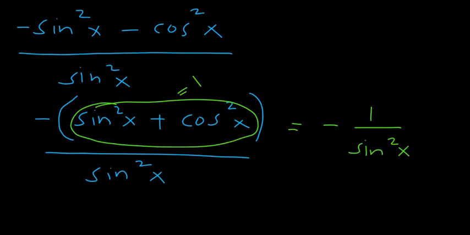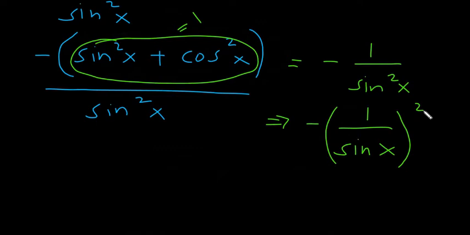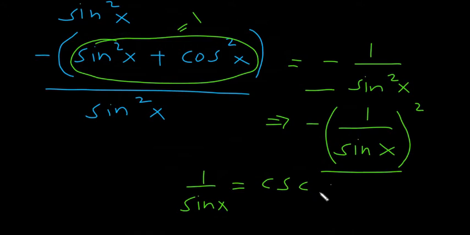Now this can be written further as negative 1 over sine x, squared. That is the same thing as this. The other thing that we need to know is that 1 over sine x is the same thing as the cosecant of x.